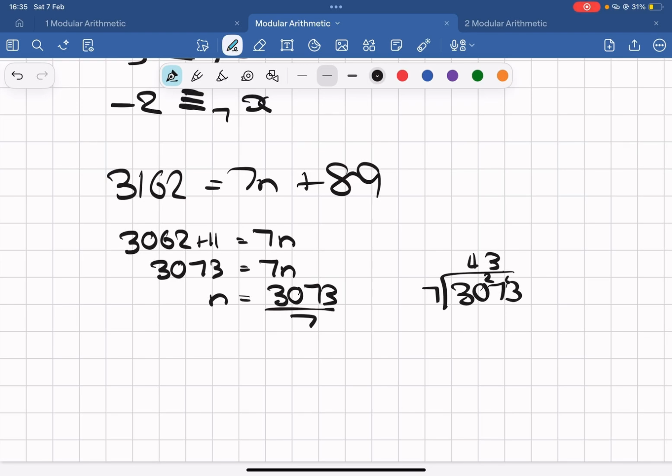This is 439. So n equals 439. So now we've got the number of eggs in the basket. Nice.